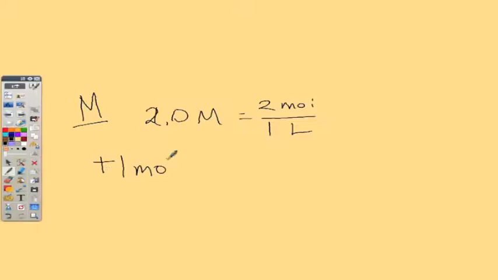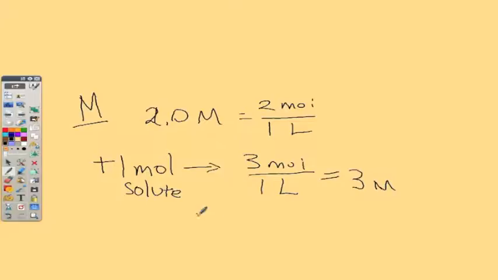Then, if you add 1 mole of solute to the solution, you now have 3 moles over 1 liter, which means you've changed the molarity to 3 molar.